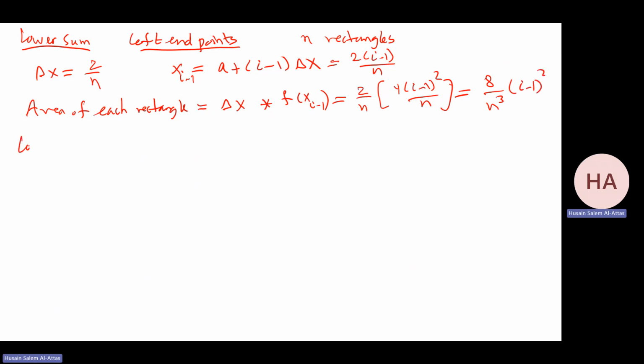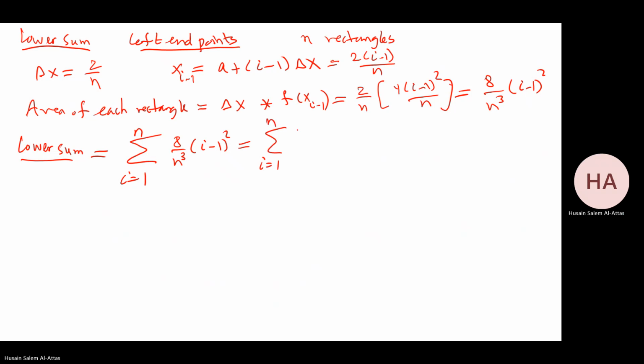So the lower sum will be the summation i equals 1 to n of 8 over n cubed times i minus 1 square. Now I'll open this: 8 over n cubed times i square minus 2i plus 1.